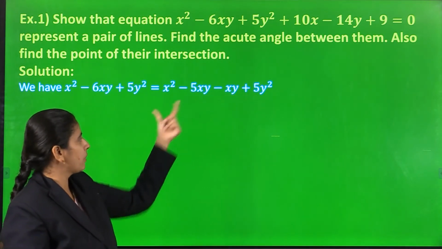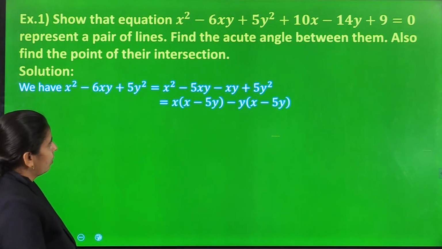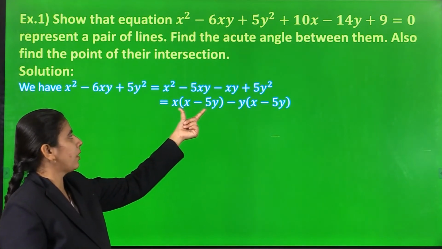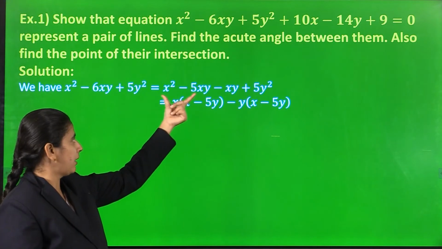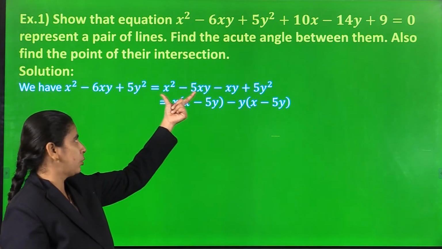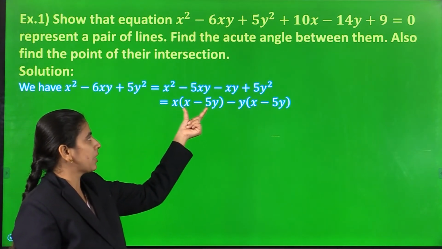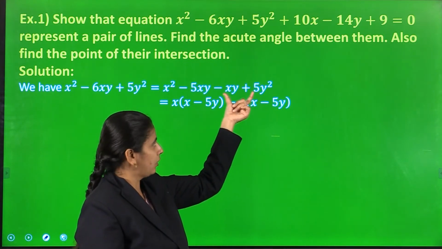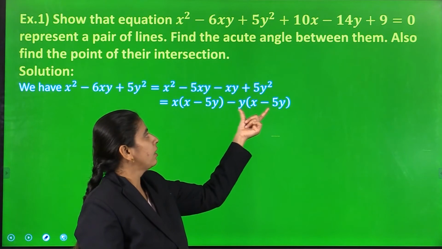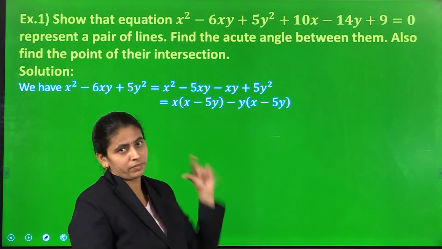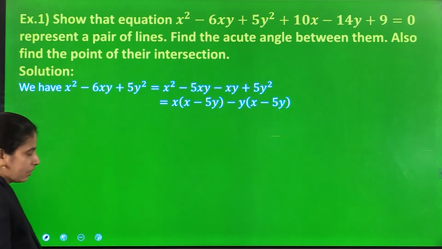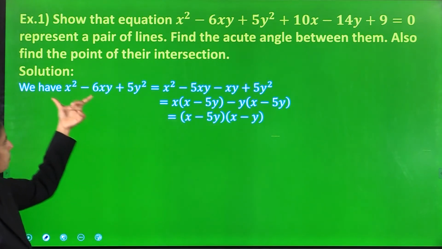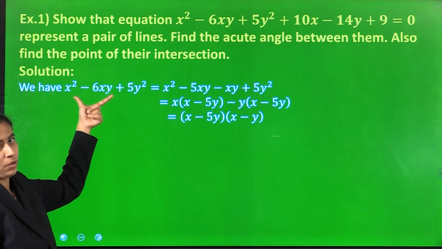By taking x common from the first two terms you get x into x minus 5y, and by taking y common from the last two terms we get minus y into x minus 5y. So x minus 5y and x minus y are the factors of these first three terms.